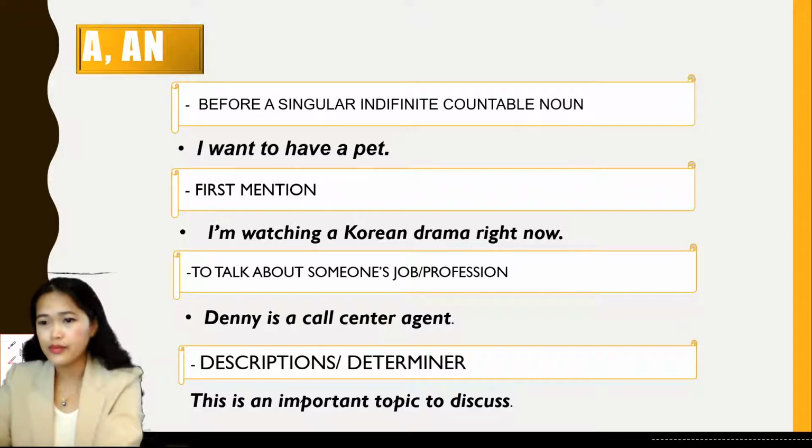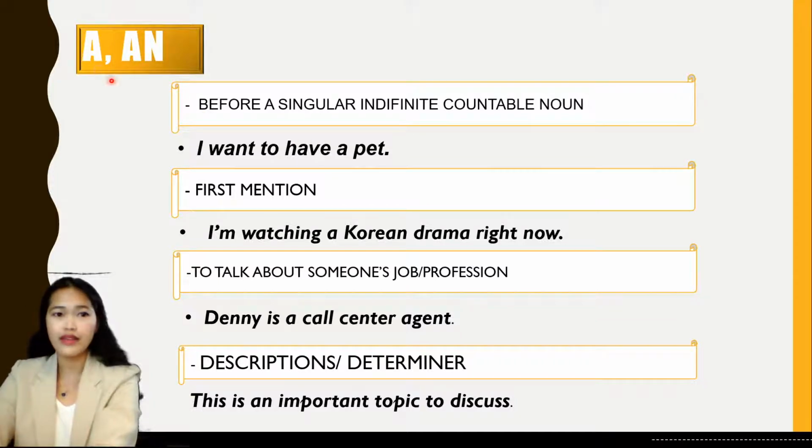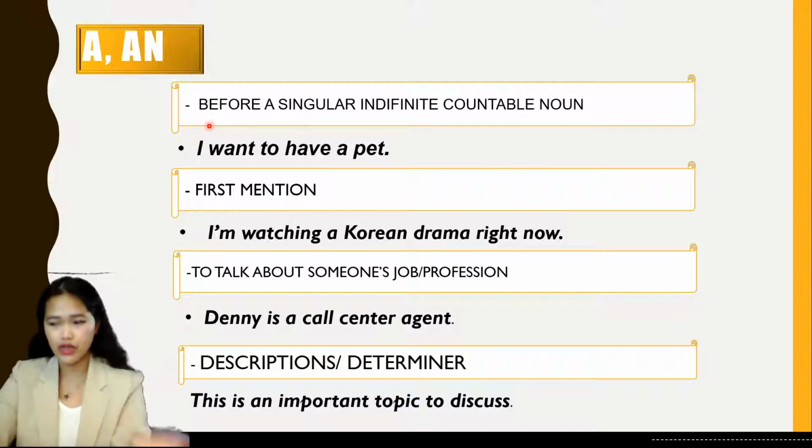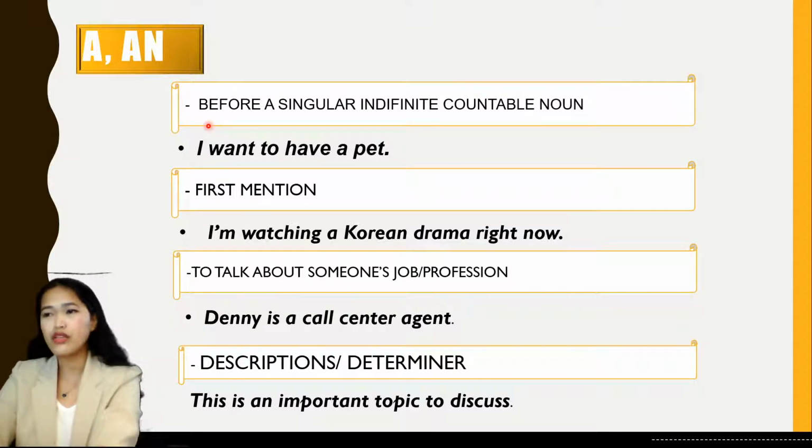So we use a or an, as you have known from the very beginning when you started learning English, when you started to learn how to read and write. So basically you learn that we use a for singular, before a singular indefinite countable noun.